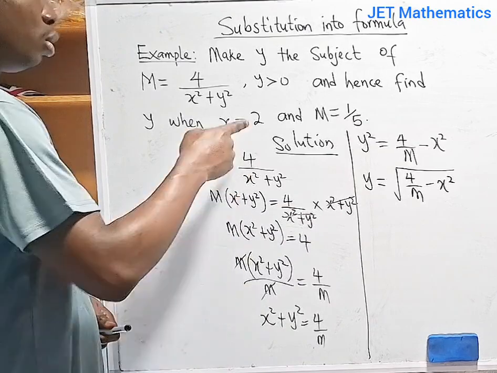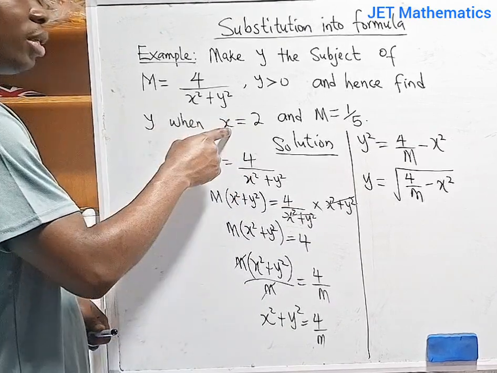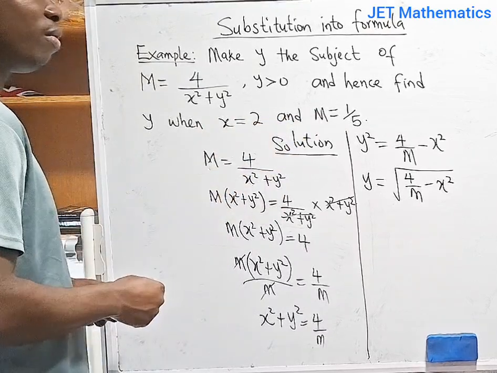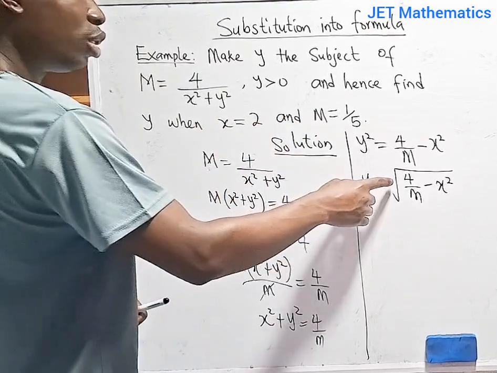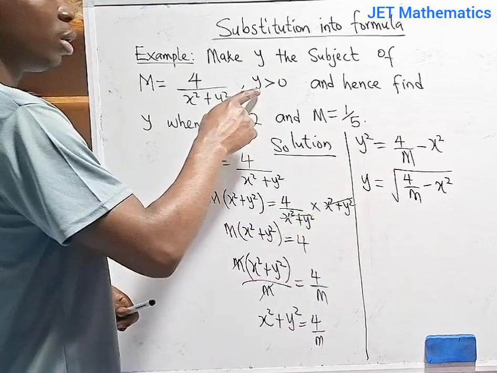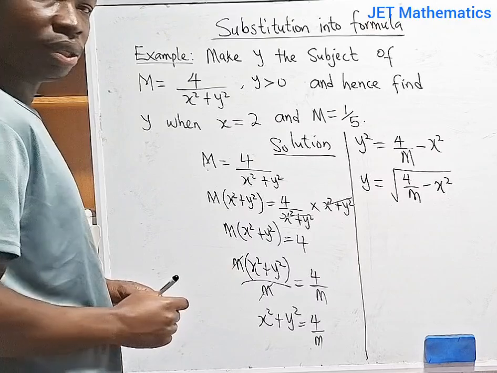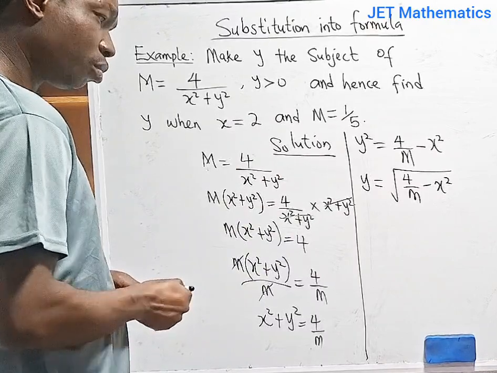Next, we are going to find y when s is 2 and m is 1 over 5. But mind you, we are taking just the positive square root because y is greater than 0. So y is positive.